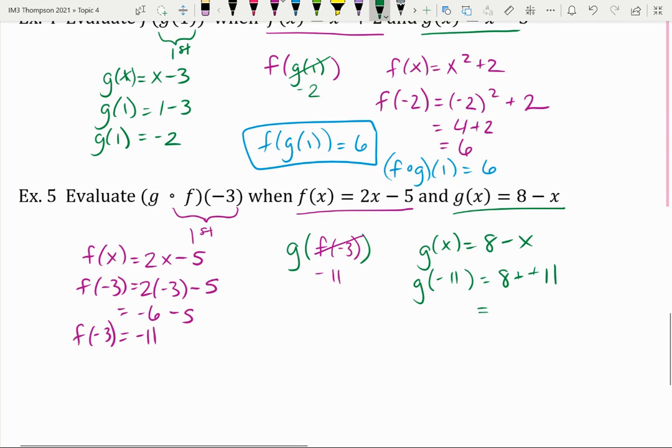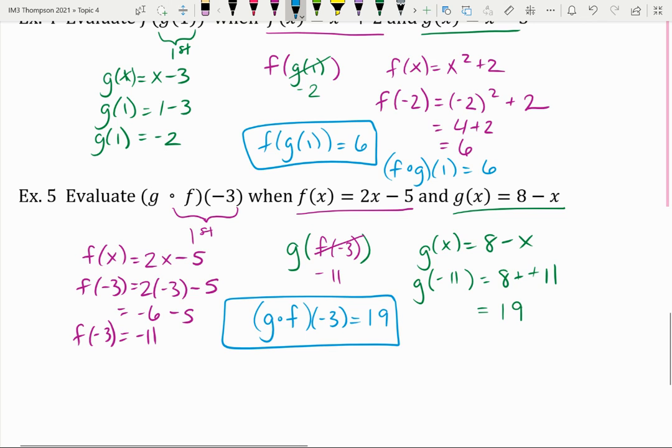That whole minus negative thing turns into a positive. And when I evaluate g at f, or g of f of negative 3, I get 19.